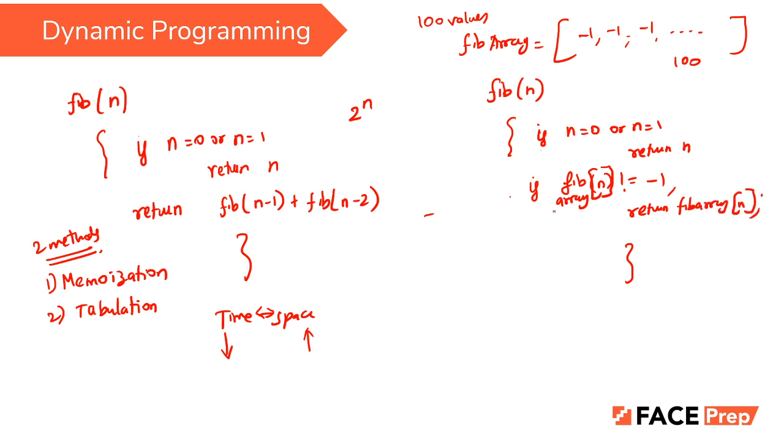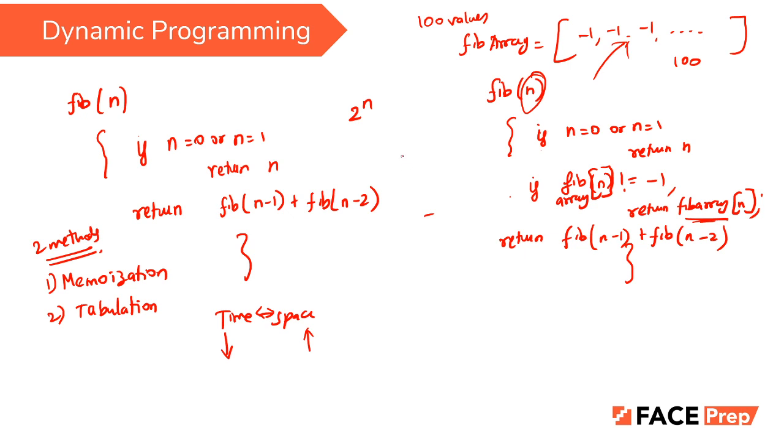I am going to check for the n value in the array, and if that is not equal to -1, then I am going to return the value saved in the array. If it is equal to -1, which means that the value is not set, then I am going to return fib of n-1 plus fib of n-2. Are you guys following this?